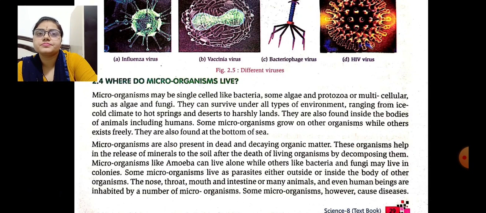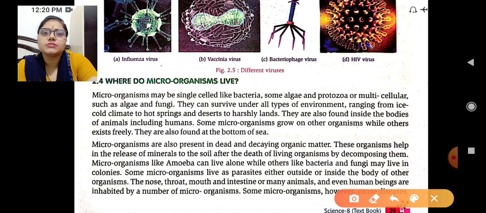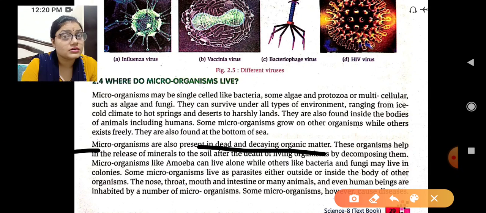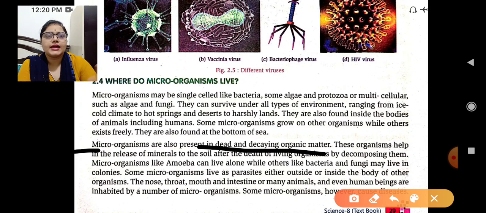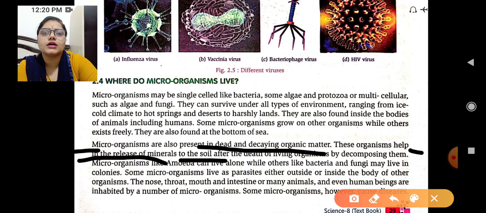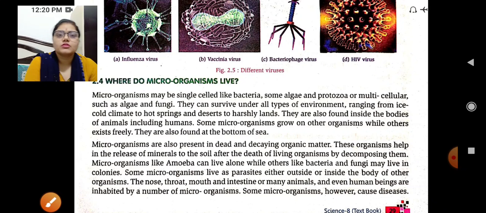Microorganisms are also present in dead and decaying organic matter. It doesn't matter that the matter should be in a living state. Even when they are dead, some types of microorganisms are found, and these microorganisms help in the release of minerals to the soil after the death of the living organism by decomposing it.